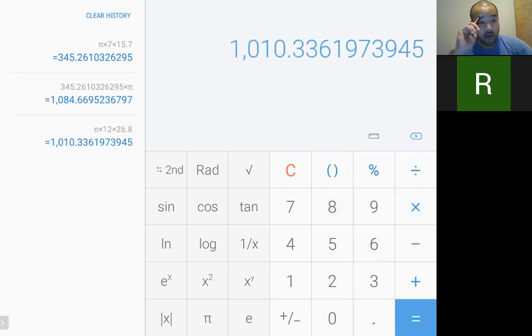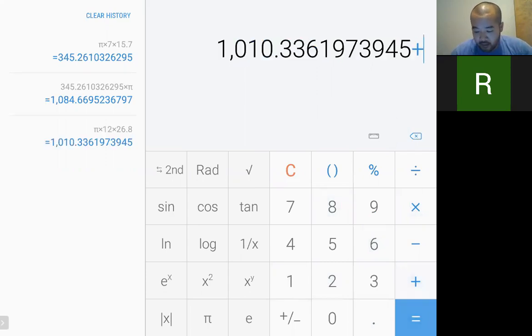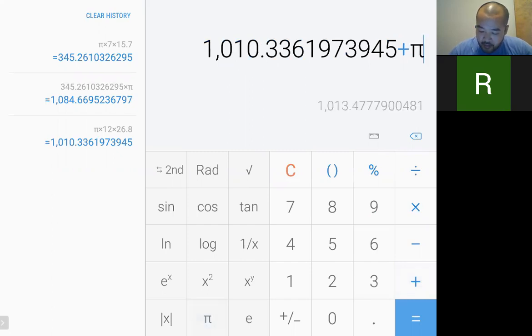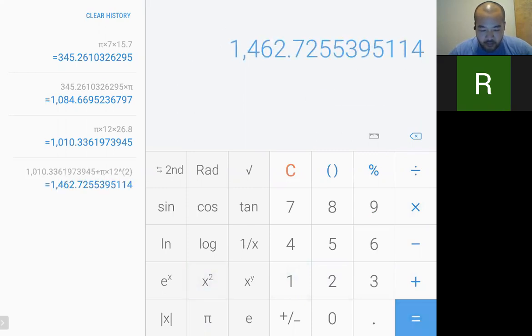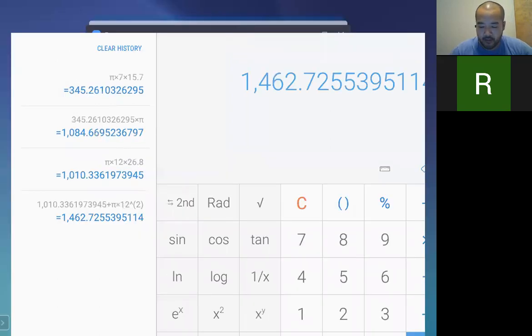That's your lateral area. You add pi times radius squared. That's your total area. So lateral area, total area. That's it. That's all you gotta do.